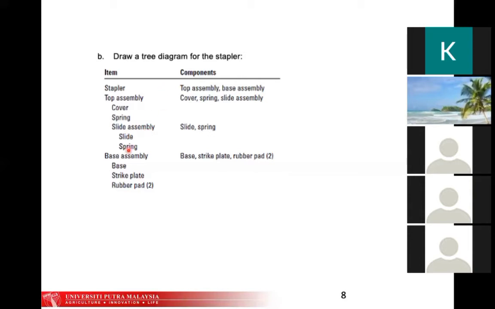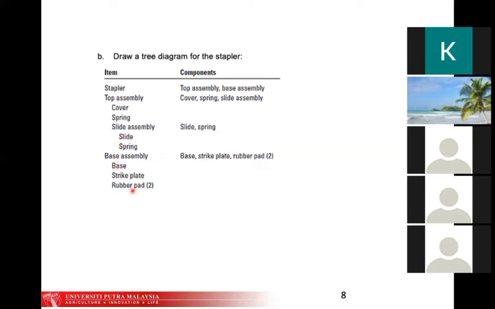At the slide assembly, its components are slide and spring, which become level 3. For the base assembly at level 1, they need base, strike plate, and 2 rubber pads. Those 3 components become level 2.